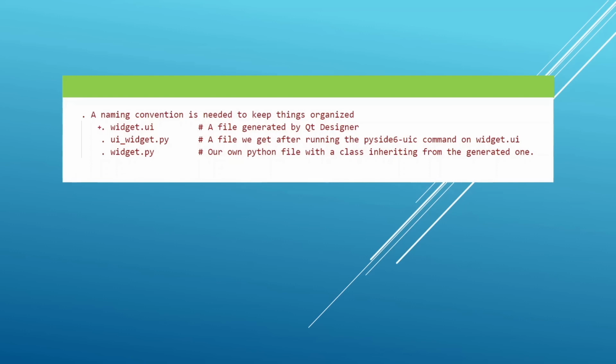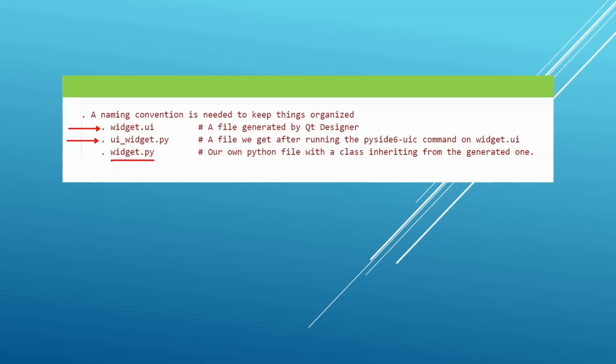The widget.ui file is going to be what we get from Qt Designer or Qt Creator, the design file. Once we pass that file into the user interface compiler, we will get a UI-widget.py file. This is a file generated by the user interface compiler. You have no business manipulating it manually.